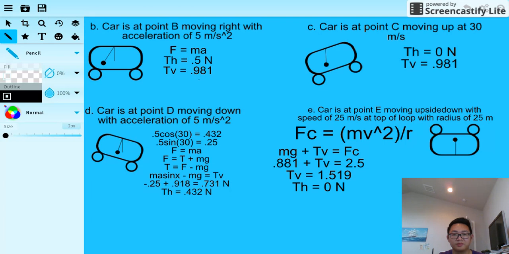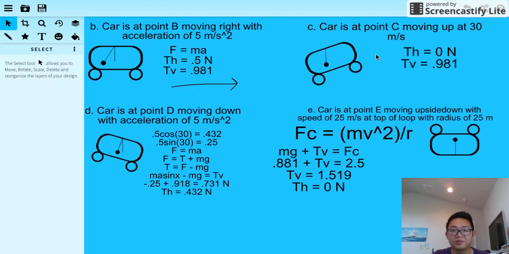And that gives us the horizontal tension, because if that's the only horizontal force, then it must be provided by this tension. So essentially, the string is pulling the ball with 0.5 newtons to the right. For tension vertical, it's the same as the original, which is 0.981. The cart is not accelerating up or down, so vertical tension remains the same.